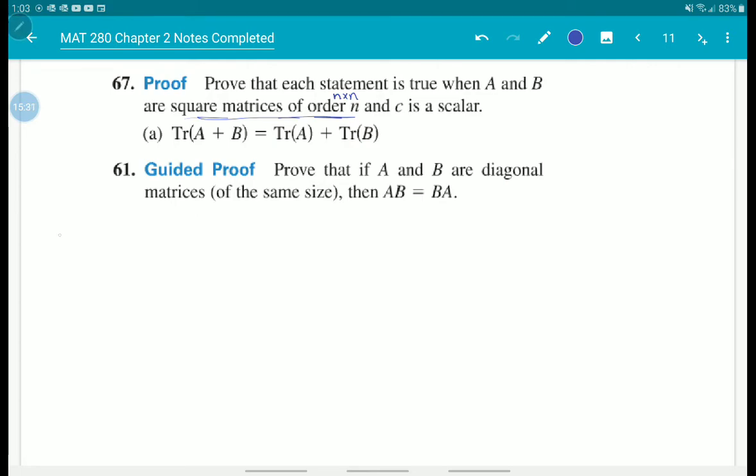Anytime you do a proof, you have to define what you're working with. So here we need two matrices A and B, and they have to be of the size n by n. So we're going to let A look like this.